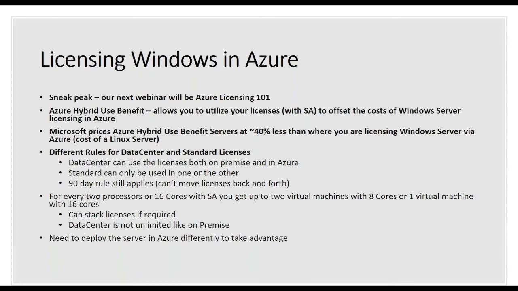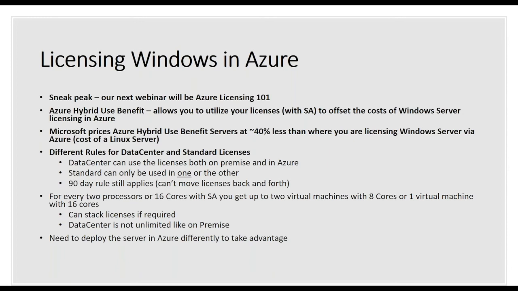I put a note here as well that you need to deploy the server differently in Azure in order to take advantage of this. There's a whole process that your IT team needs to go through to install the image differently so that it can take advantage of this. That's well documented out there, but you can't just go into the Azure portal and provision a Windows server, because if you do, it'll charge you for the full price with the Windows licenses.